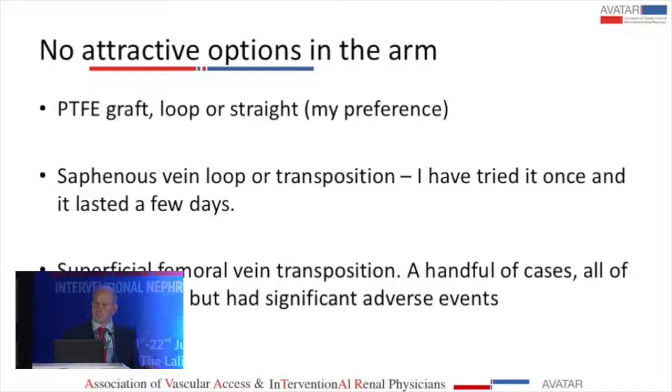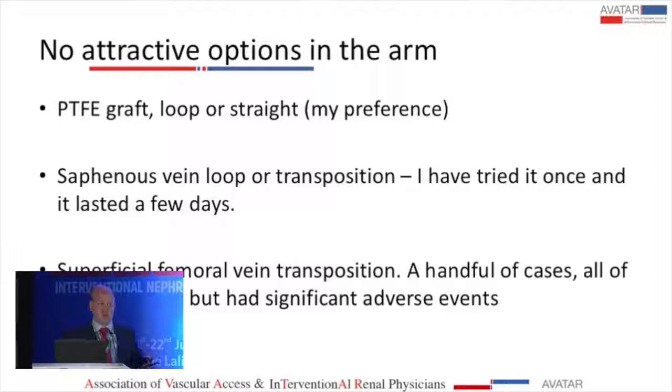So if there's no attractive options in the arm, move to the leg. In the leg, you're talking about PTFE grafts predominantly. My preference is actually to put a straight or J-shaped PTFE. You can do saphenous vein loops or transpositions, well described.